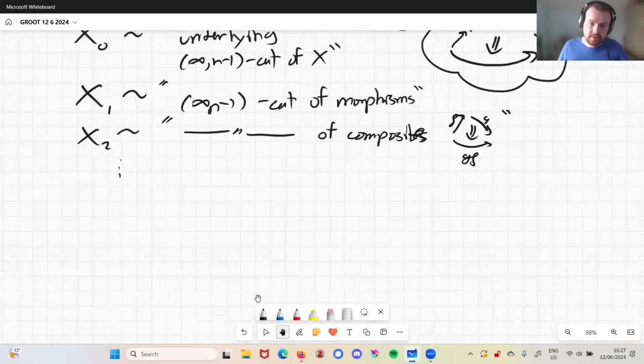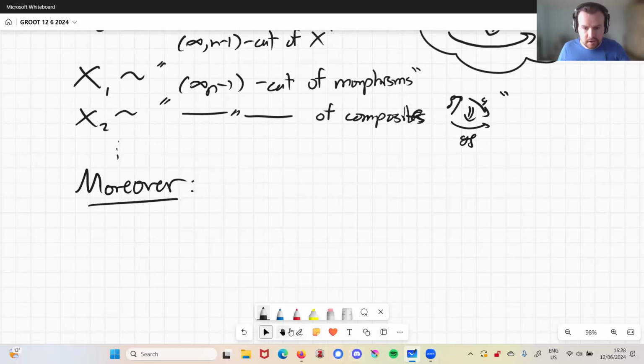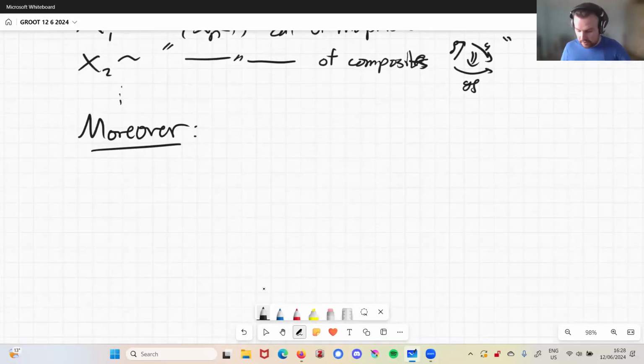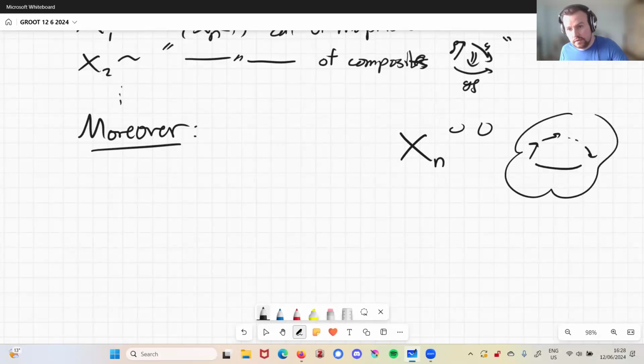Moreover, this structure should satisfy some properties. Let's consider the following diagram in infinity n minus 1 categories. We have Xn. Recall that we're interpreting this as diagrams like this, right?